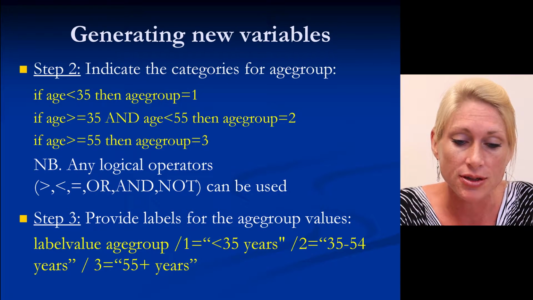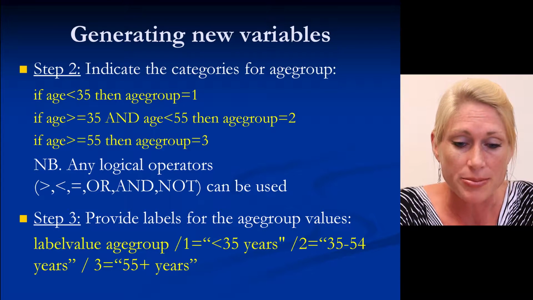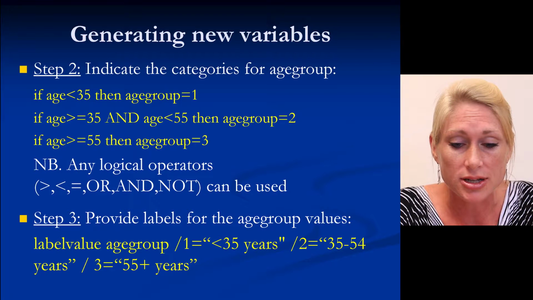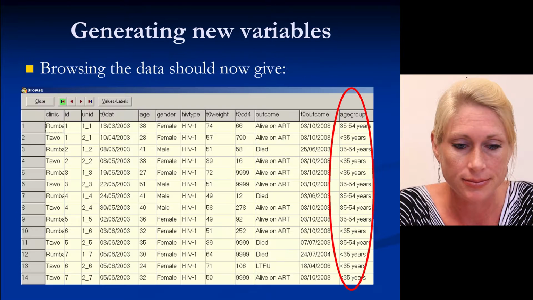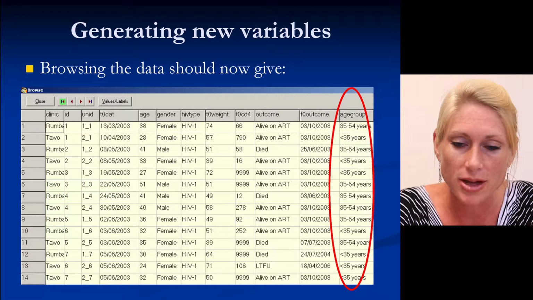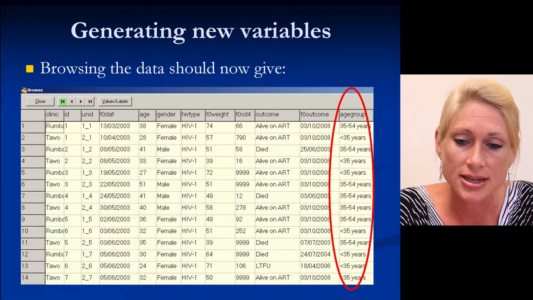And you'll note that my labels are encapsulated by comma marks. This is necessary if your label is more than one word. And if we now browse our data, here's our new variable age group with the different data labels for each of our records.